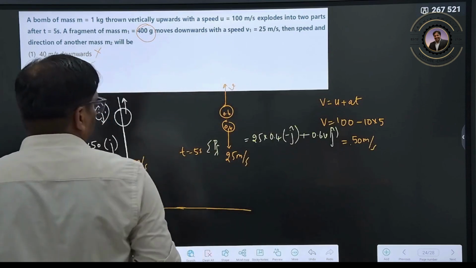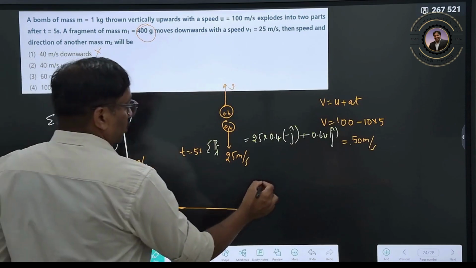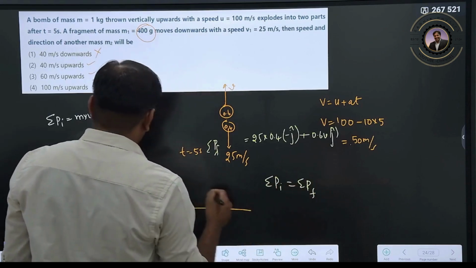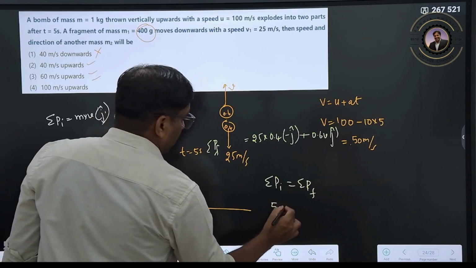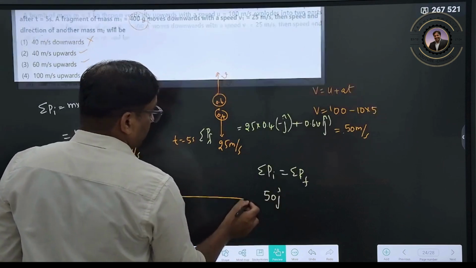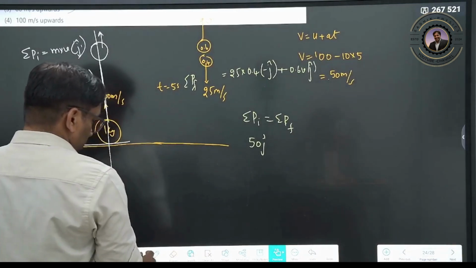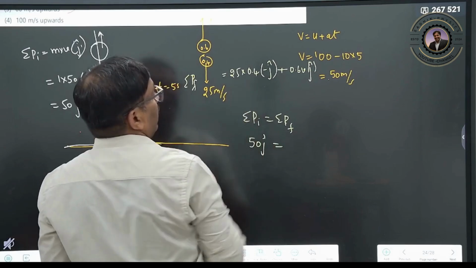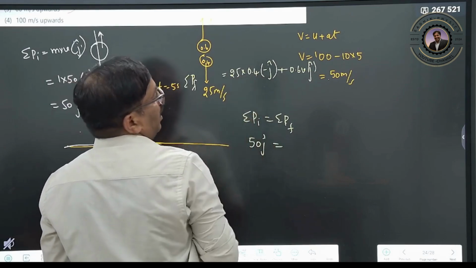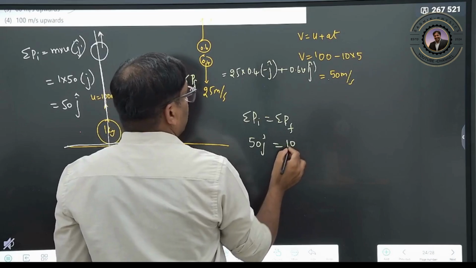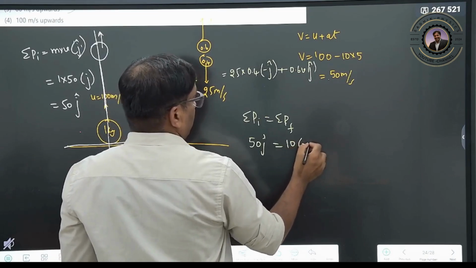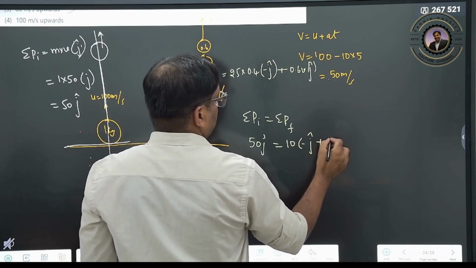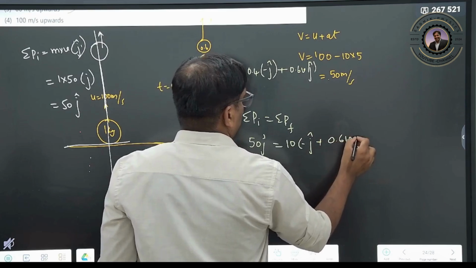So initial and final momentum, you have to write them, and both should be equal. Initial momentum is how much now? 50 j cap. Upward is how much now? Here 25 into 0.4, so 100, but 0.4 means 10, therefore 10 minus j cap. Plus 0.6 v j cap.